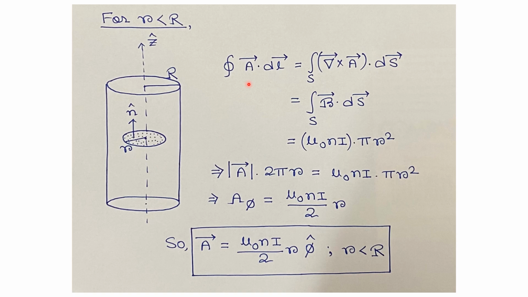So we can calculate this line integral as mod of A vector multiplied by 2 pi r, where 2 pi r is the length of the circular boundary. So our vector potential at position small r will be mu naught N I by 2 multiplied by small r, and in vector form it will be mu naught N I by 2 multiplied by r along the phi cap direction.